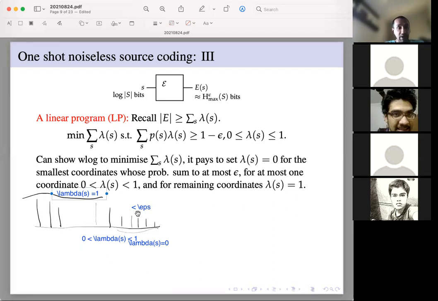Remember, I made another claim that if I look at this tail, the tail which has been zeroed out, that is less than or equal to epsilon. So how do I prove that? Let us look at these guys where lambda s is exactly 1. Pranab, can I just ask one question?